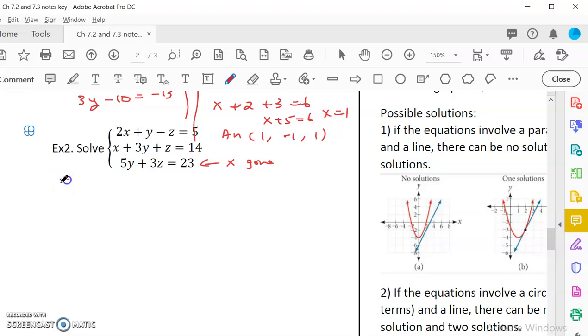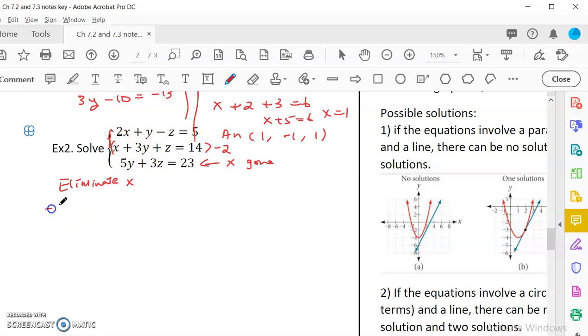So you would say, I am going to eliminate x because one of the equations already has x gone. So your goal is to get rid of x from these two pairs. Right? So how to get rid of x? This is 2x. If I multiply this by -2, that would be good, right?